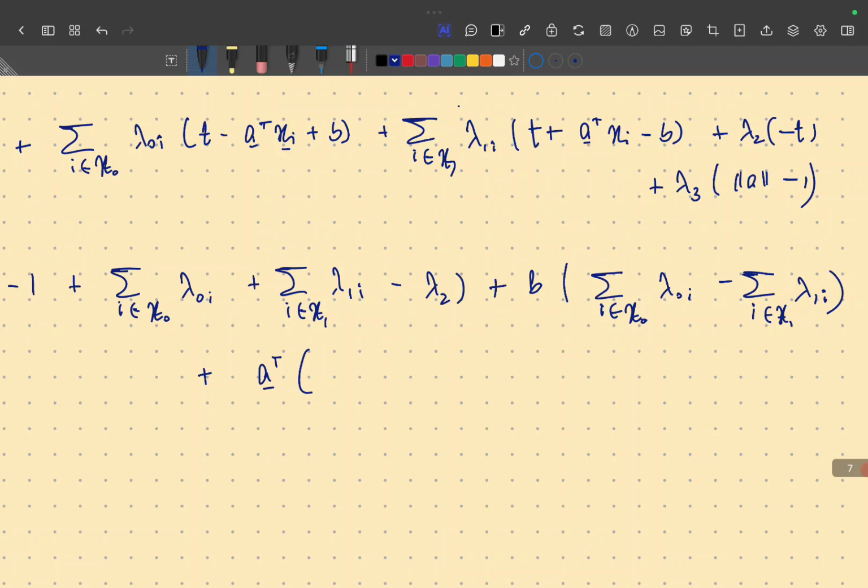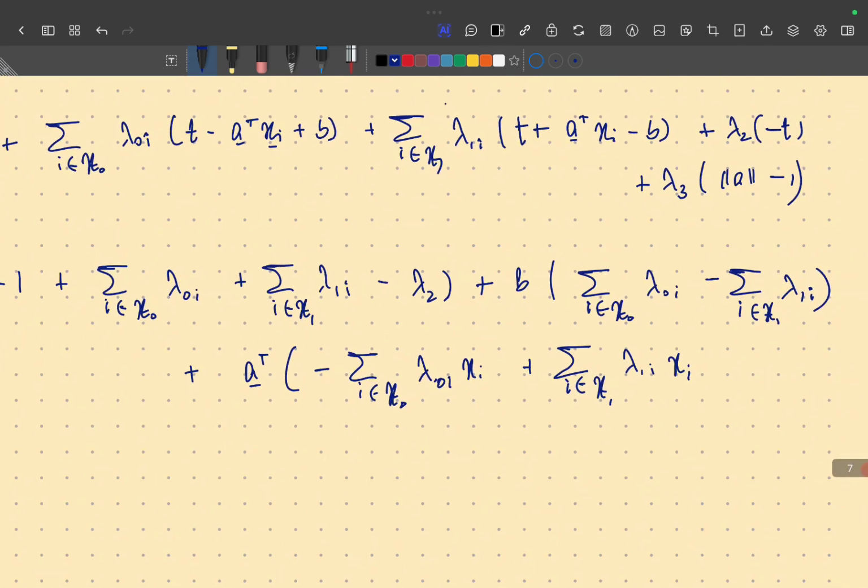So this is a transpose times minus the sum over all i in x0 of lambda 0i xi plus the sum over all i in x1 of lambda 1i times xi. That's all that I have, plus lambda 3 times norm a minus lambda 3.